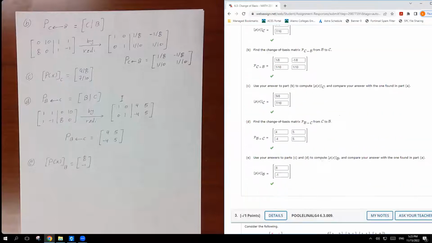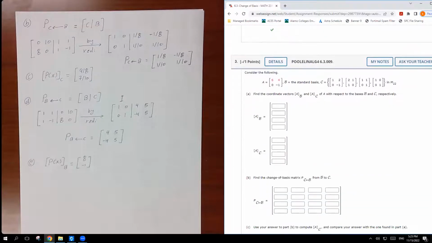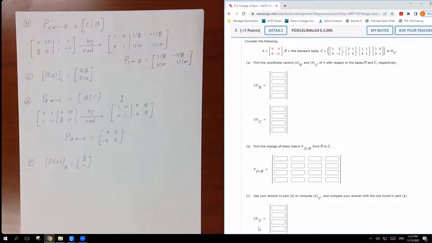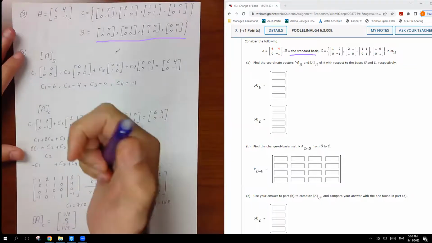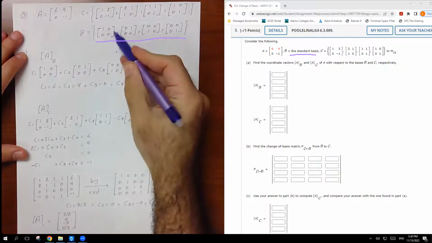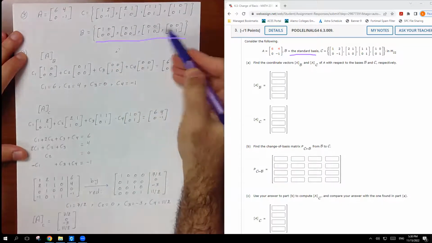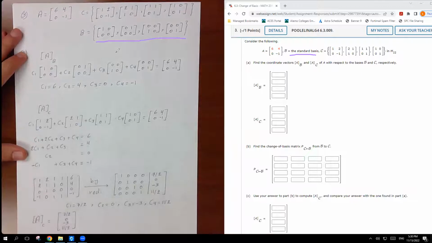We got it right. Let's go to the next one, example 3. For number 3, they ask you, consider the following: A is 6, 4, 0, -1, and B is the standard base. B is the standard base, so be careful with this one. It means the standard base, which is 1, 0, 0, 0, 0, 1, 0, 0 and so on.